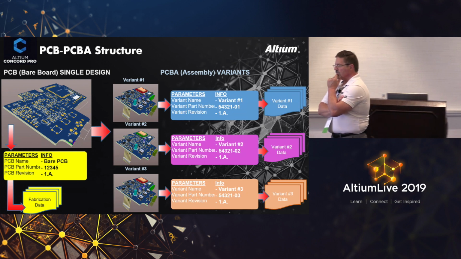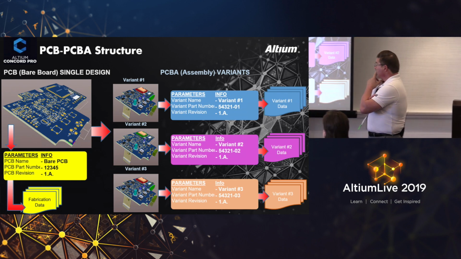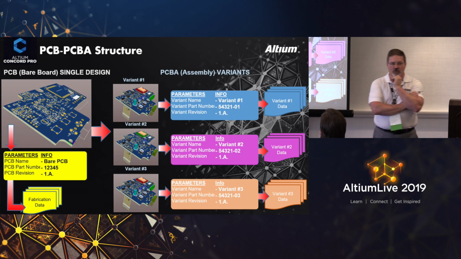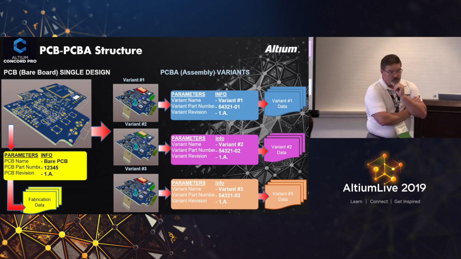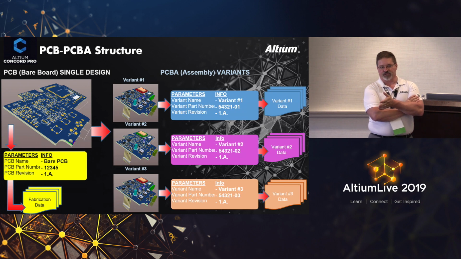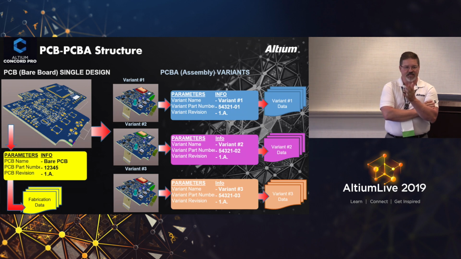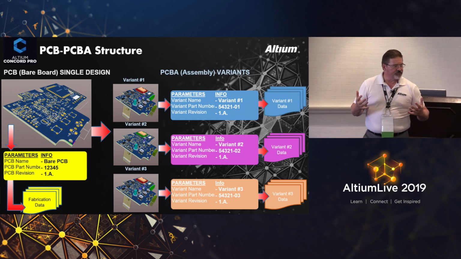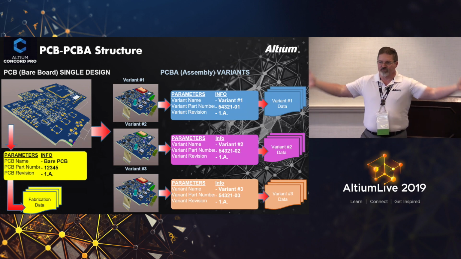Okay, let's talk about variants for a bit. Because a variant is when you'll say, I don't want to install a certain component, or I want to install an alternate component in a position. So let's say it's a value of a resistor, or you're changing your design. This has really become helpful for companies when they can build one PCB and create 12 different units.